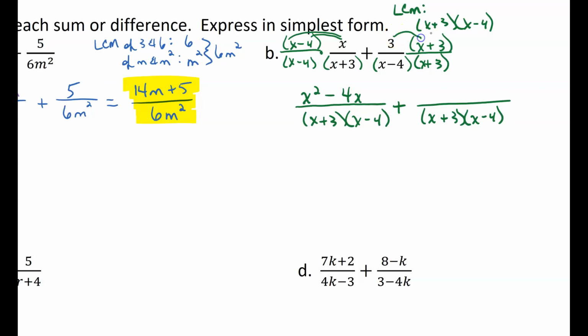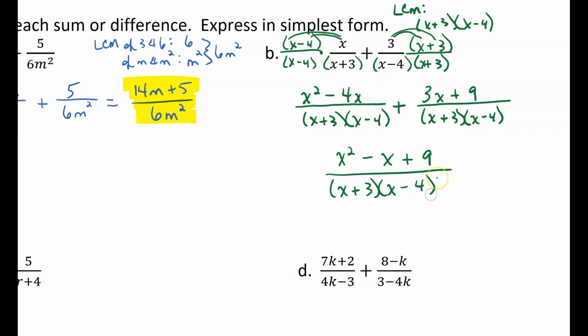So now I have 3 times x, which is 3x, and 3 times 3, which is plus 9. And so now I can go ahead and collect all my like terms in my numerator. So I have x squared minus 4x plus 3x is minus x plus 9 all over x plus 3, x minus 4.